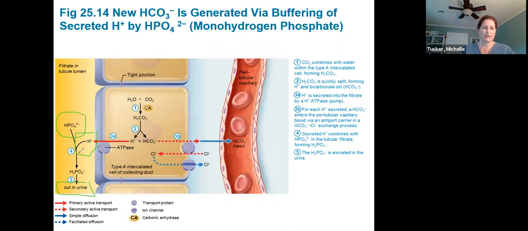So that hydrogen ion is excreted. At the same time, if you look over here in the circulatory system, you'll see the word new, meaning that a new bicarbonate has been generated. Okay. So phosphate buffering system, look at what we're using, phosphate over here. You lose one hydrogen ion out into the urine, and one new bicarbonate ion is generated.